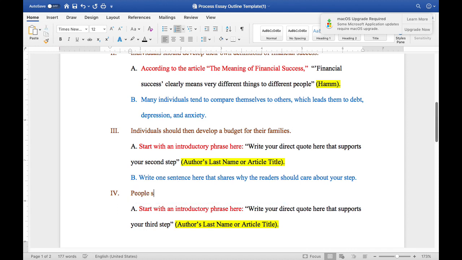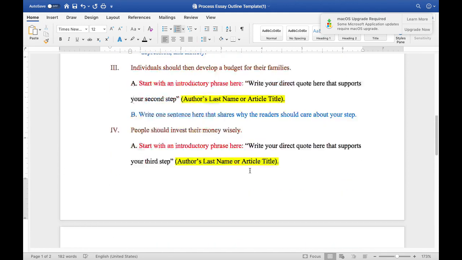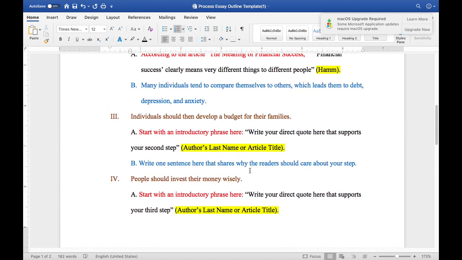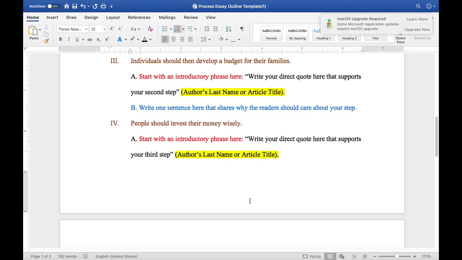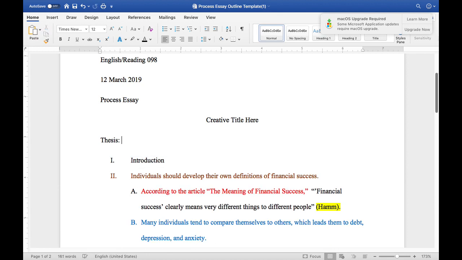Then I would do the same thing for this step. After I have 2AB, 3AB, and 4AB filled out, then I develop my thesis statement here, okay?